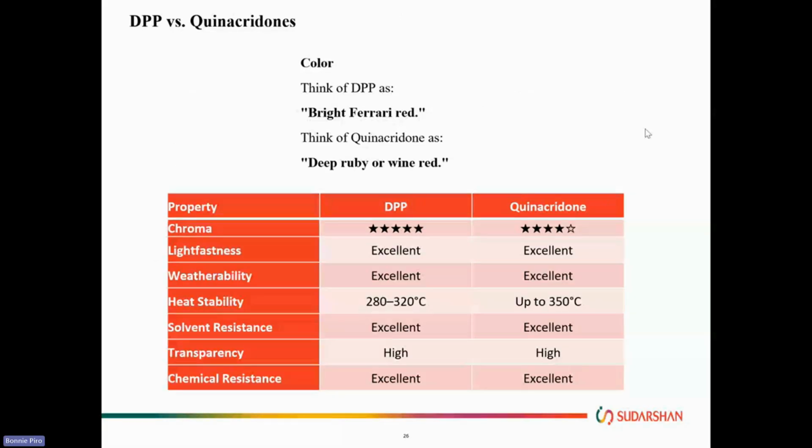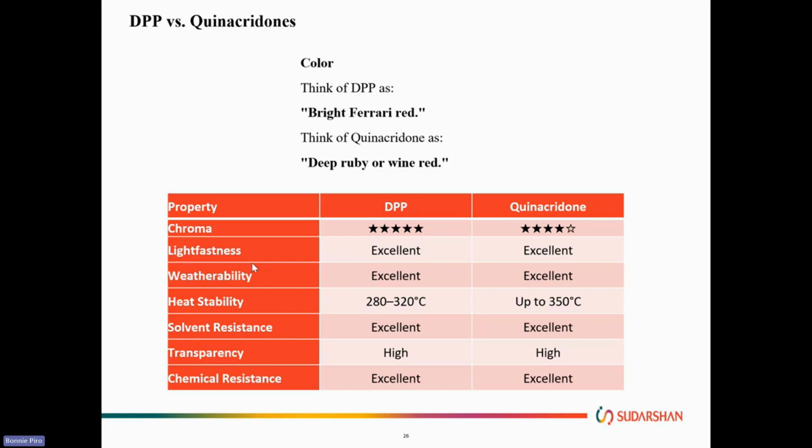So versus quinacridones. From a color perspective, with DPP, think of the Ferrari red. With quinacridones, think of deep ruby or red wine. So they are going to have different color shades. Their properties are very similar.